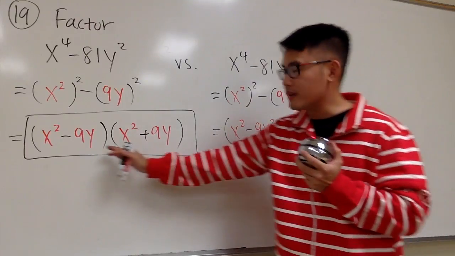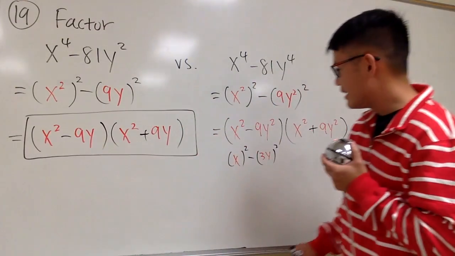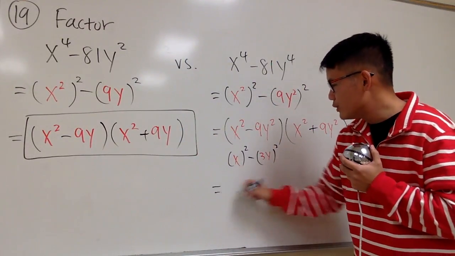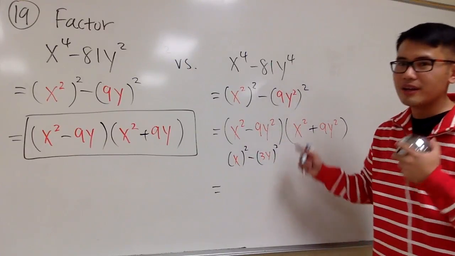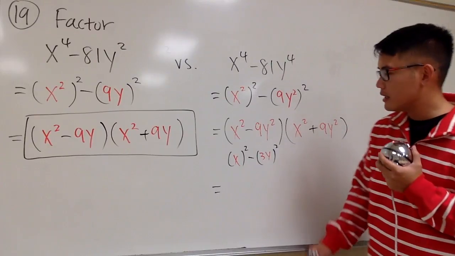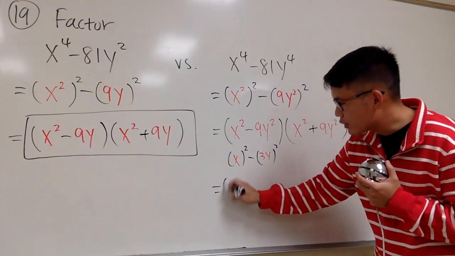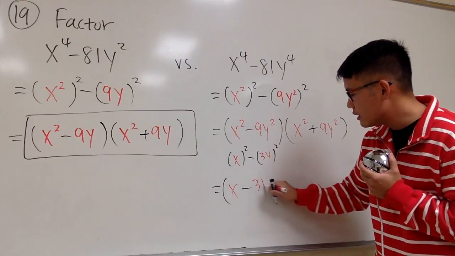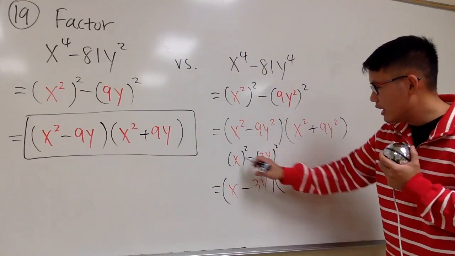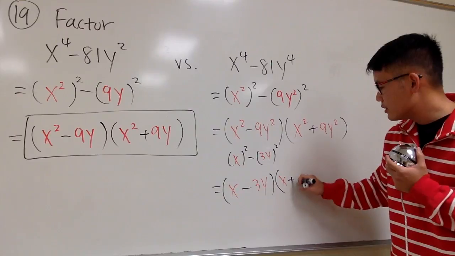We couldn't do that earlier. That's why we have to stop right here. And then for the first one, once we look at this as that, once again, it's the a squared minus b squared, the difference of two squares, right? So the factoring for the first one is going to be x minus 3y times x plus 3y.